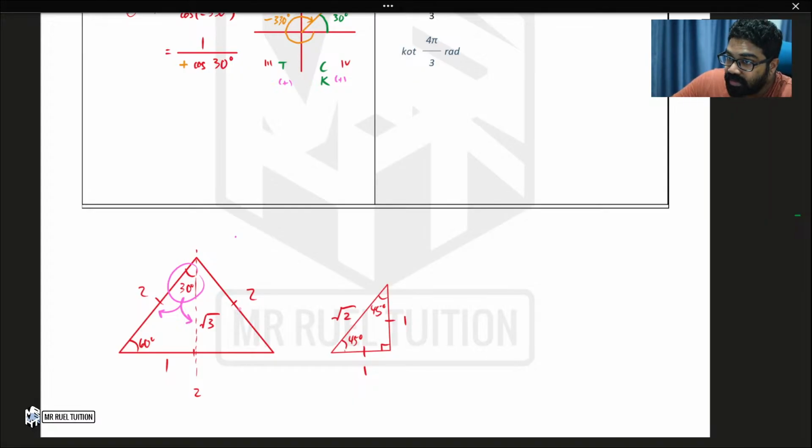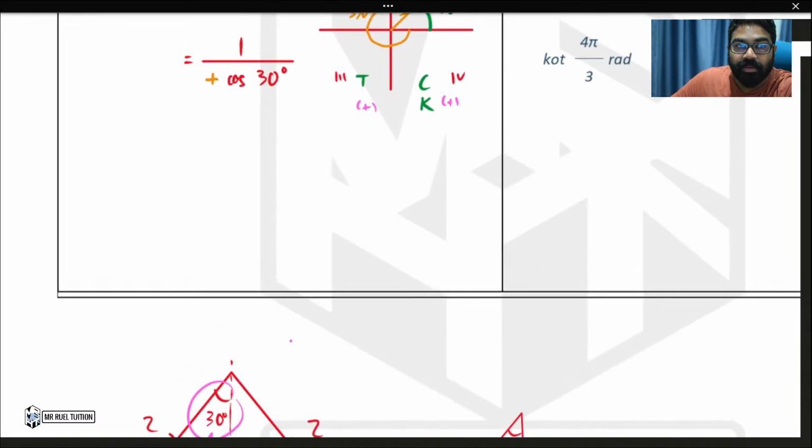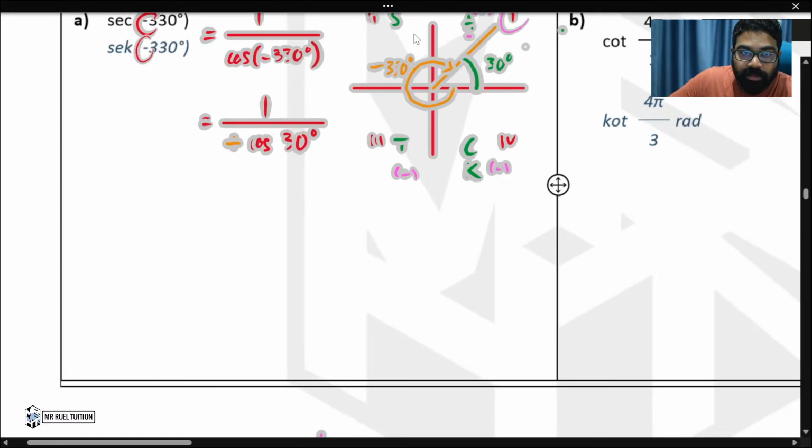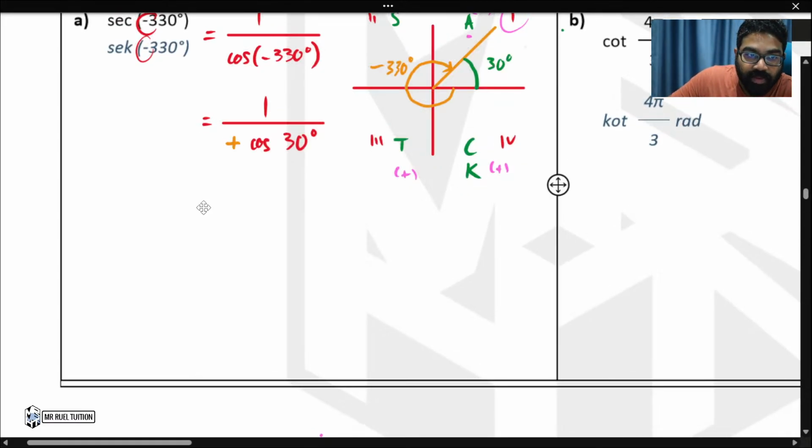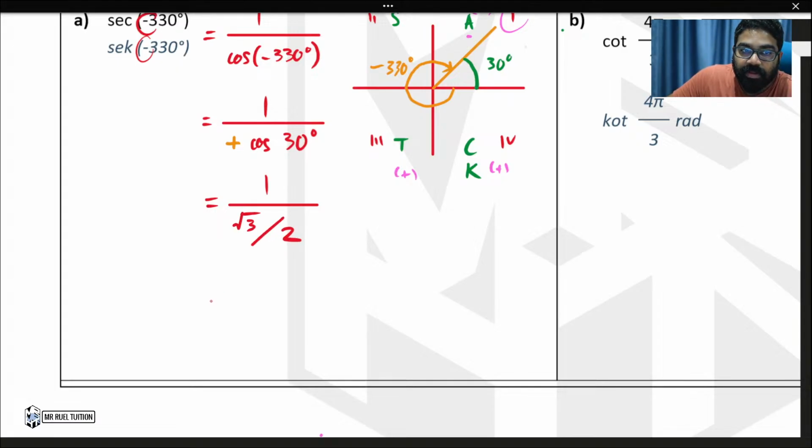So this is positive root 3 over 2. Root 3 divided by 2. This is the answer.